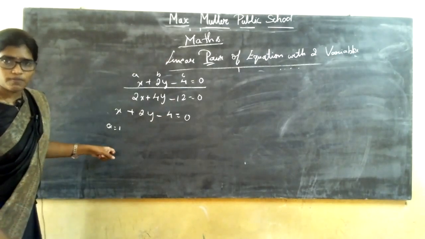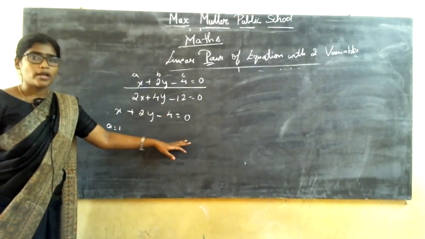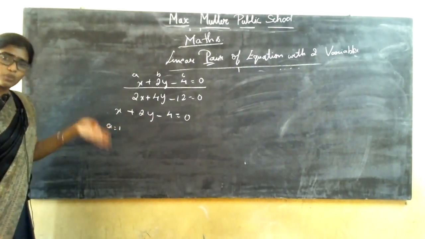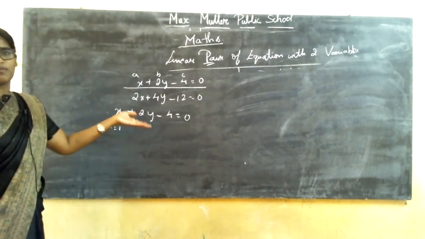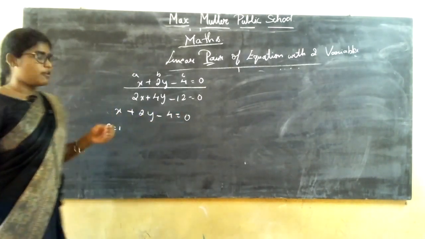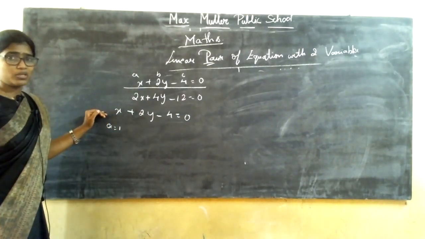If the coefficient of A is 1, you are not going to divide this equation further. Why? Because dividing 1 by 1 gives 1, 2 by 1 is 2 itself, and 4 by 1 is 4 itself. So the equation remains the same. You are not going to divide by any number.